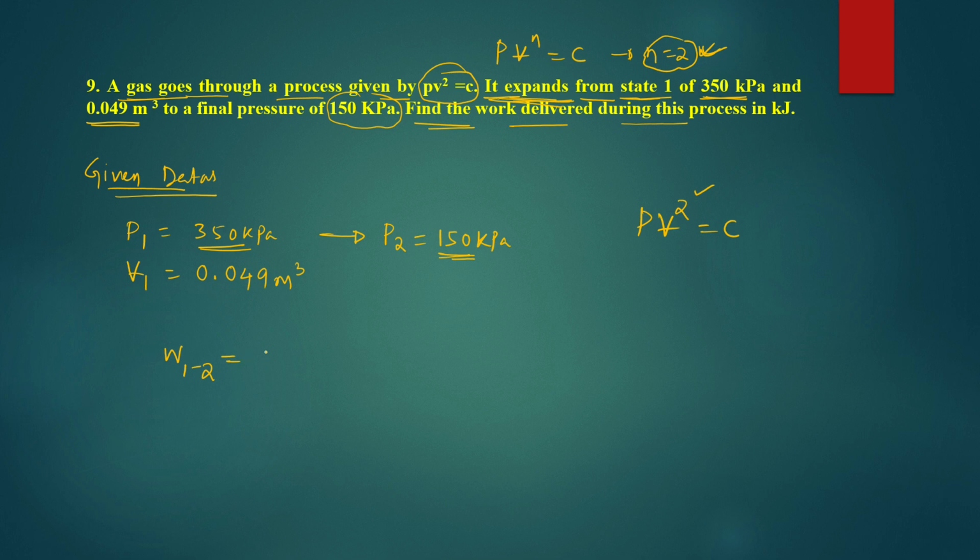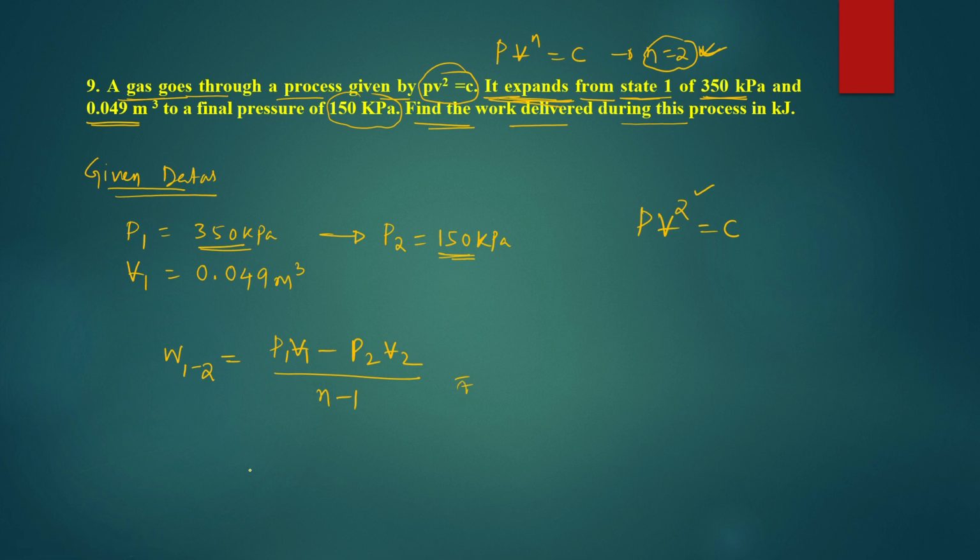And for the polytropic process we have already derived the work interaction value, that is P1 V1 minus P2 V2 divided by n minus 1, right? So here let us try to understand if all the data are given to us or not, right?